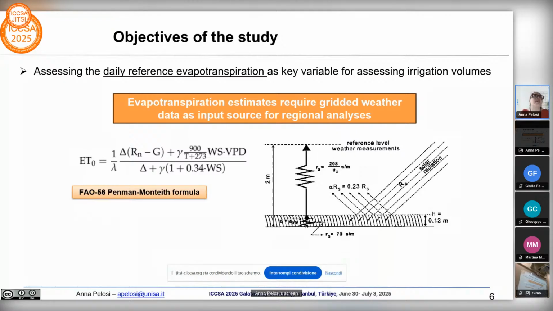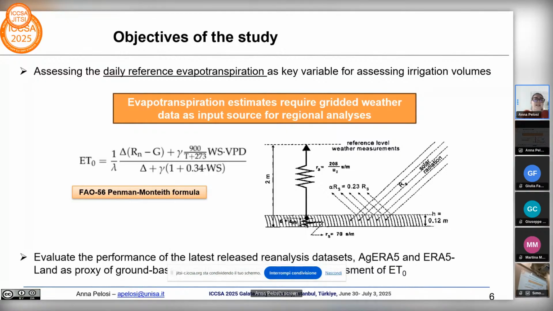In particular, we have the dependence on some weather variables such as solar radiation, wind speed, relative humidity, and temperature, of course. So the idea is to evaluate the performance of the latest reanalysis datasets such as AG ERA5 and ERA5 Land as proxy of ground-based weather observations for assessment of the daily reference evapotranspiration.